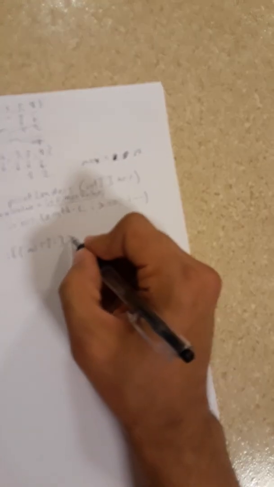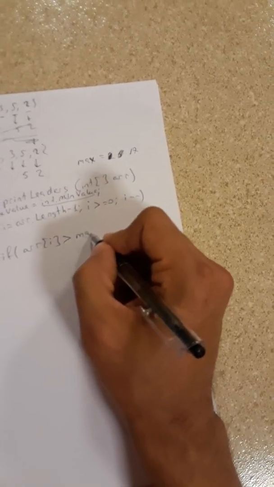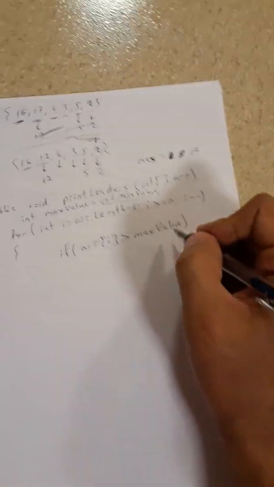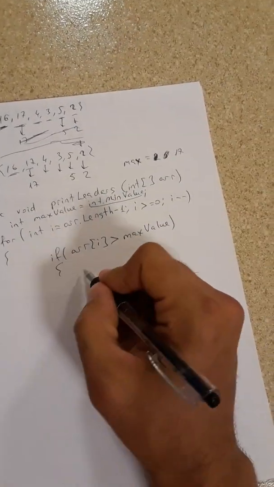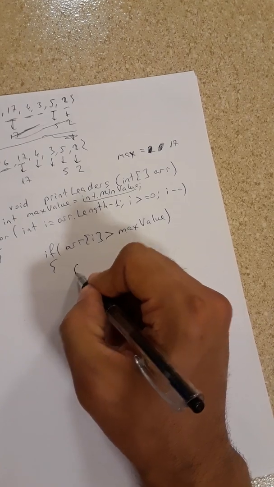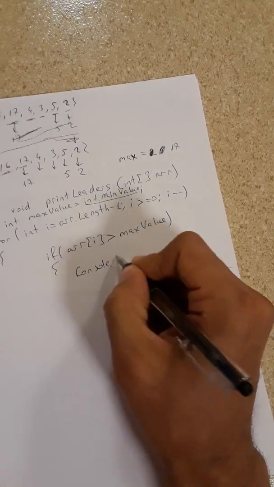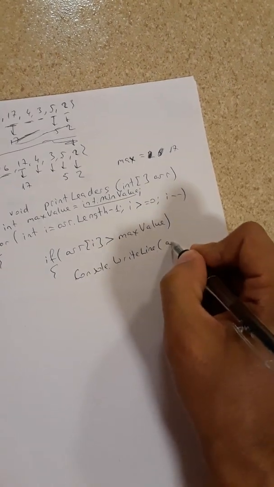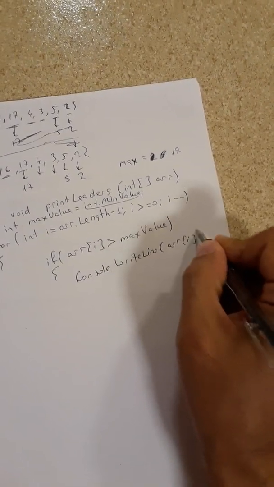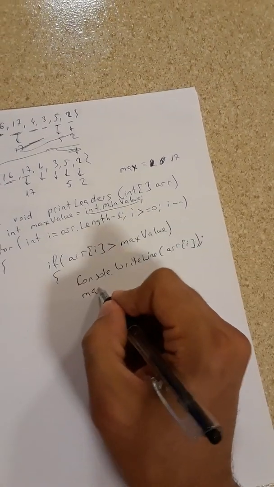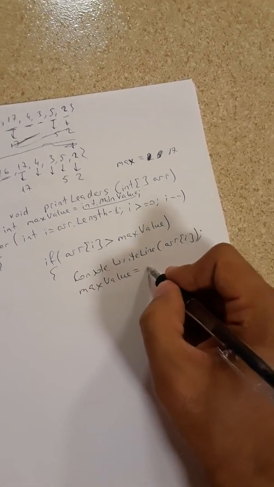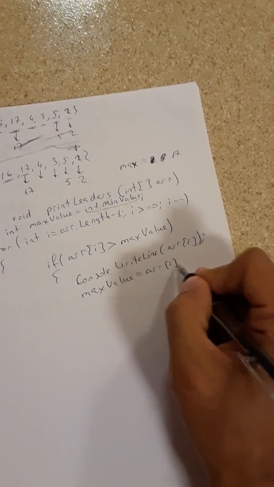So if my element from the array is greater than my max value, then I will print this element and reset my max value to this element from the array.